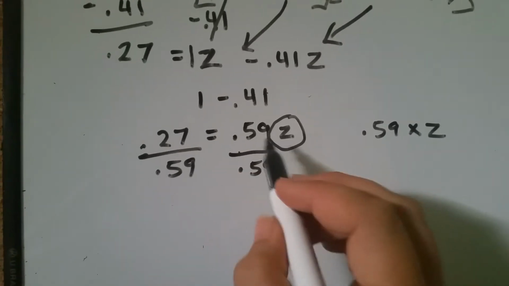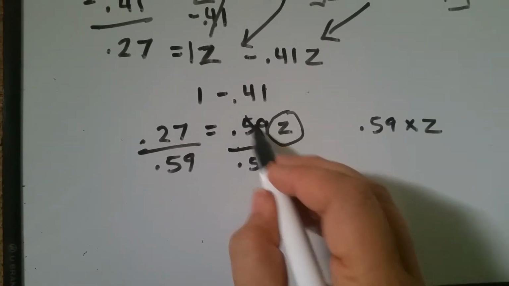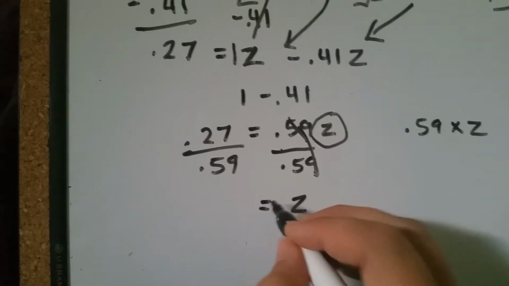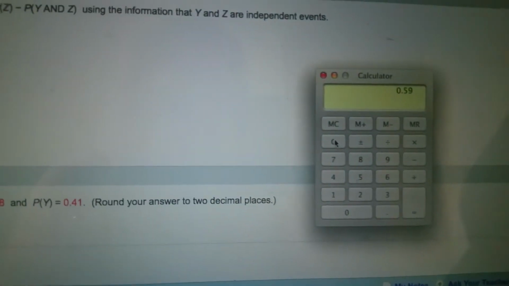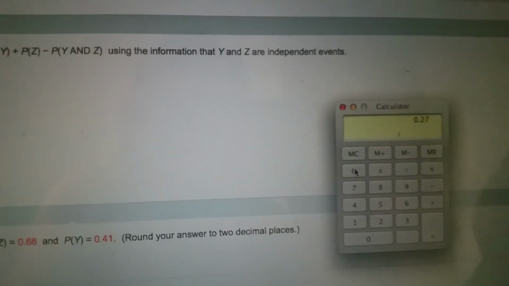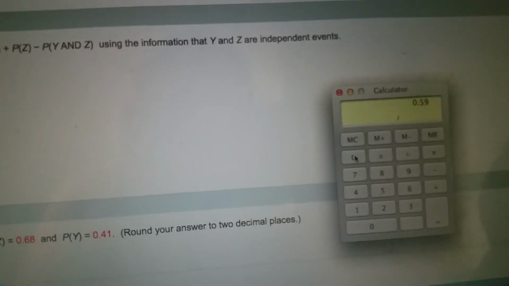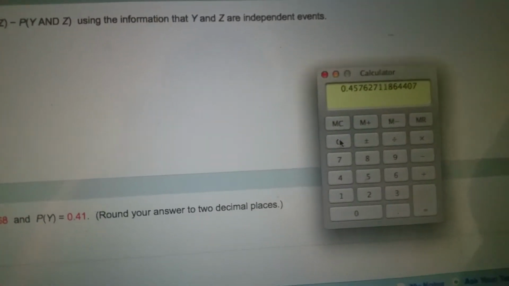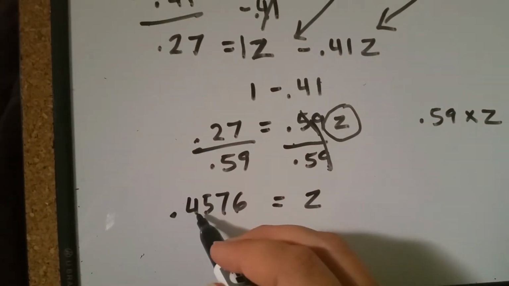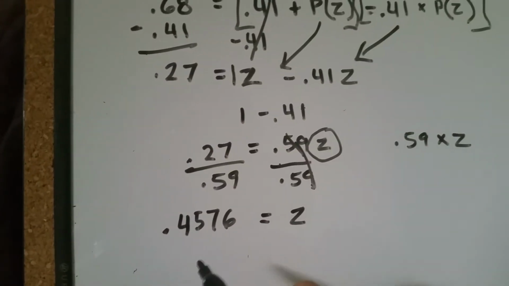Right? Let's cross that out. And we know when we do this, 0.27 divided by 0.59 is going to equal 0.4576.